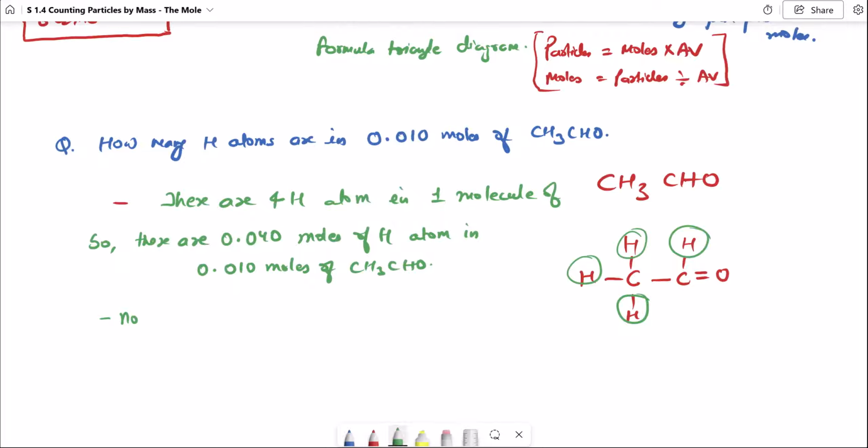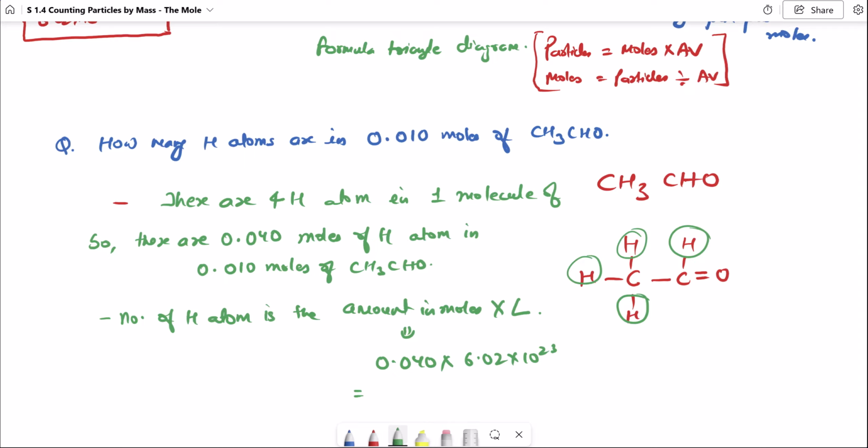Now, the number of hydrogen atoms is the amount in moles into Avogadro number. So the amount comes to 0.040 into 6.02 into 10 to the power 23. That means it will come around 2.4 into 10 to the power 22 atoms, right?